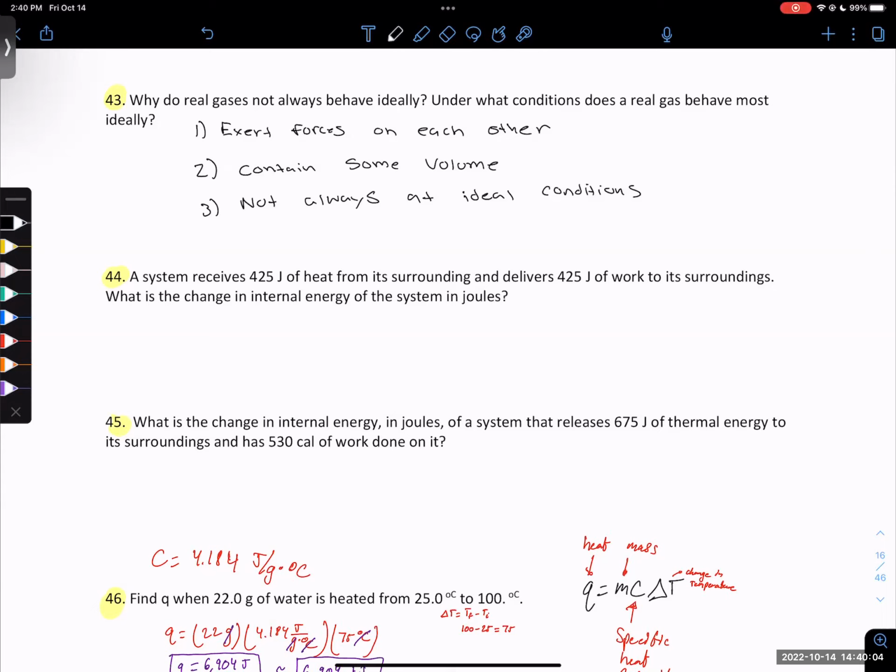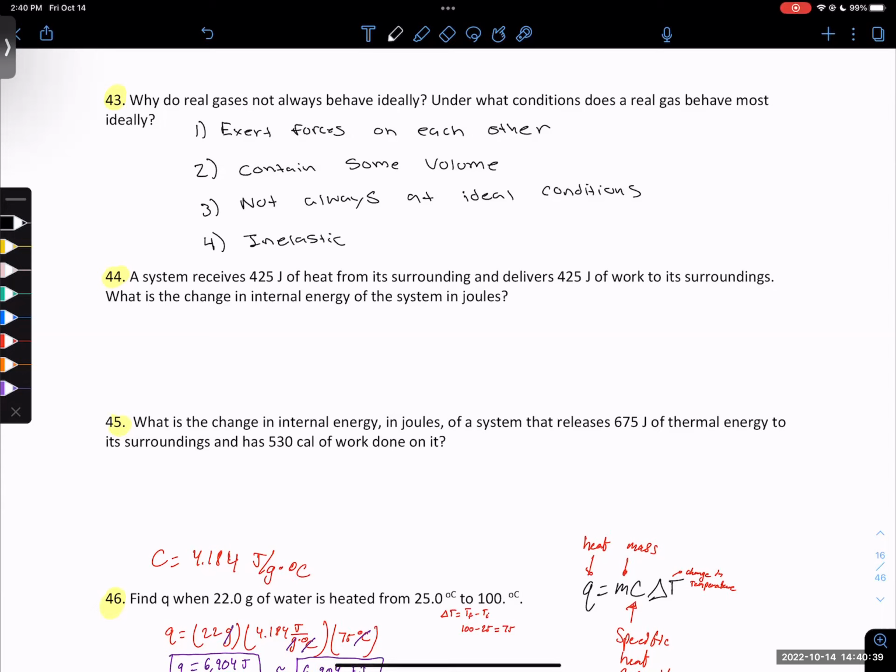One of the postulates is that any collisions between molecules are elastic, but we know in real life that not all collisions are elastic, because elastic means momentum is conserved and kinetic energy is conserved. So elastic is not always going to be true, because there's always energy being converted into things like heat, which we learned in class yesterday and today, right? So let's just say the last one would be inelastic collisions.